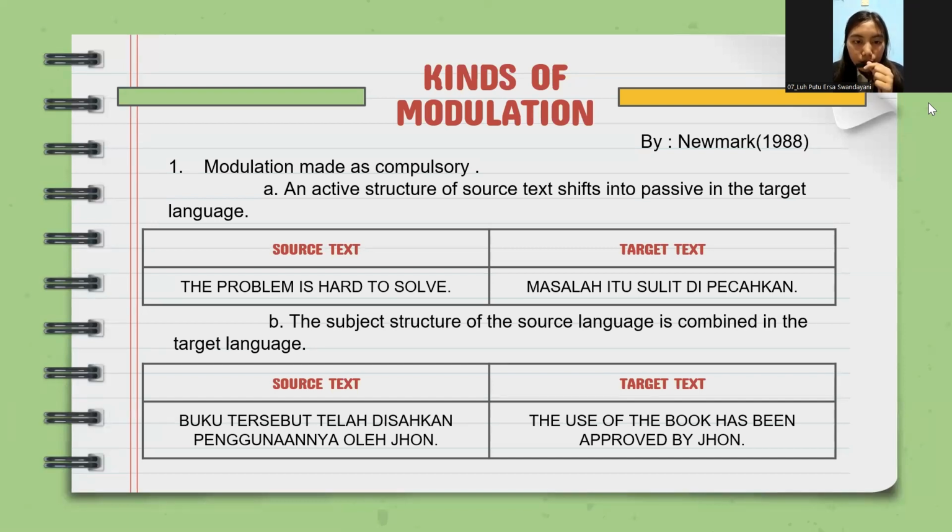And the type number two is the subject structure of the source language is combined in the target language. For example, in the source text, "buku tersebut telah disahkan penggunaannya oleh John." And in the target text is "the use of the books has been approved by John." Next slide, please.